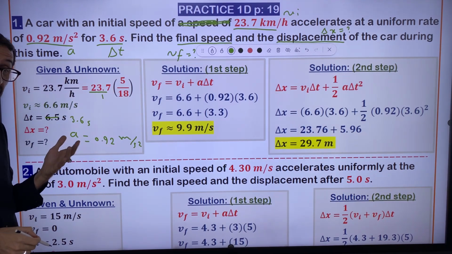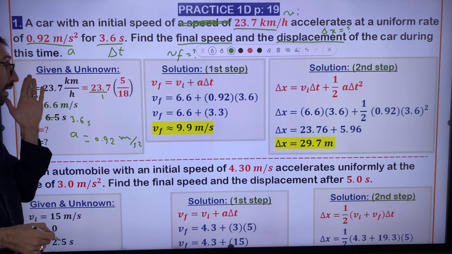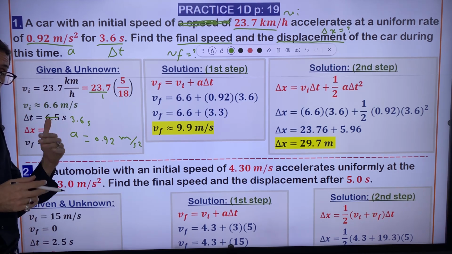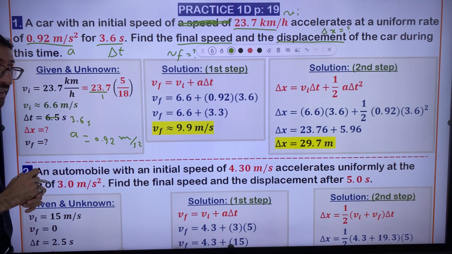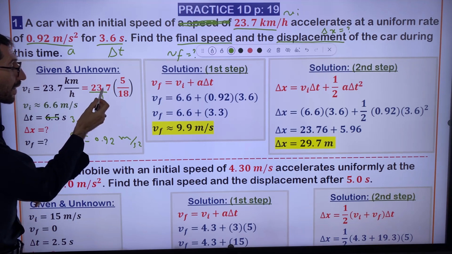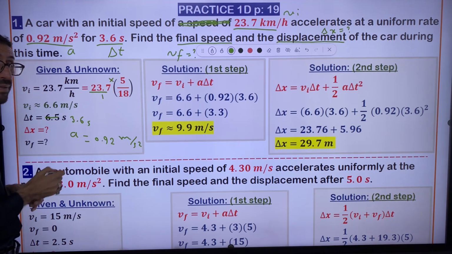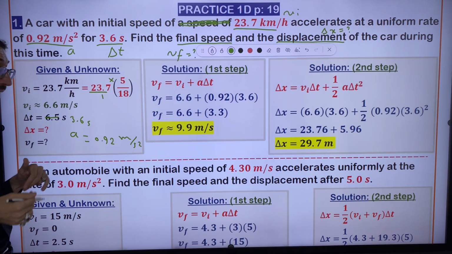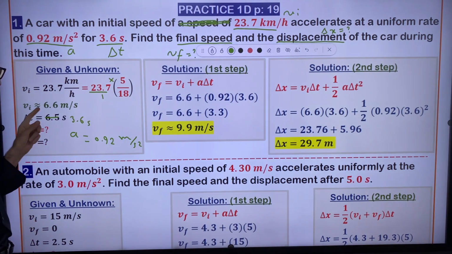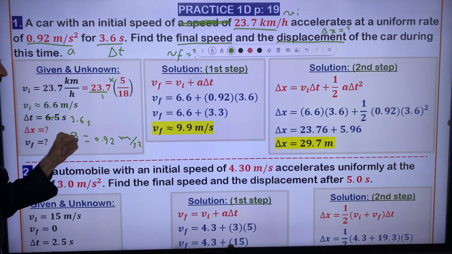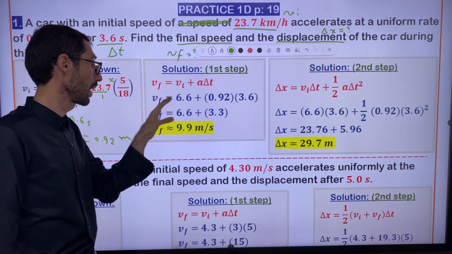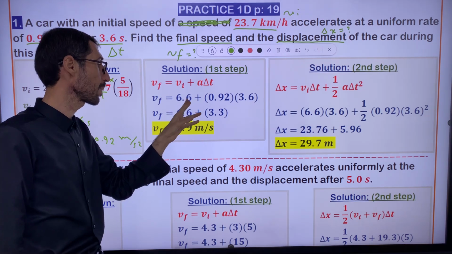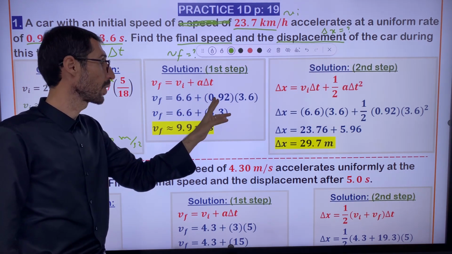The conversion factor for kilometers per hour to meters per second is 5/18. That's why 23.7 multiplied by 5, divided by 18, gives approximately 6.6 meters per second. So initial velocity is equal to 6.6, plus acceleration 0.92.